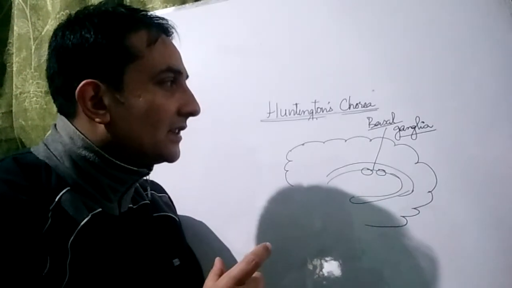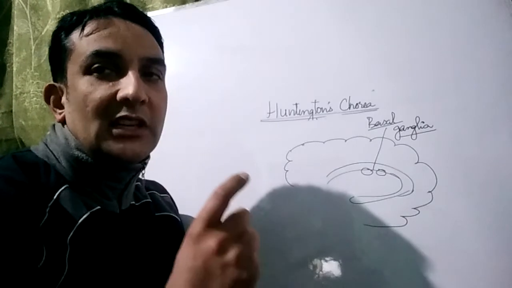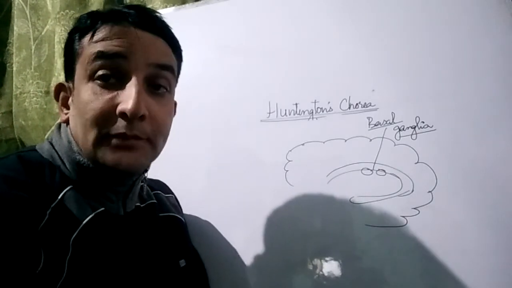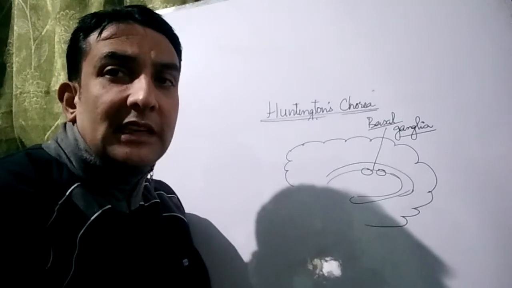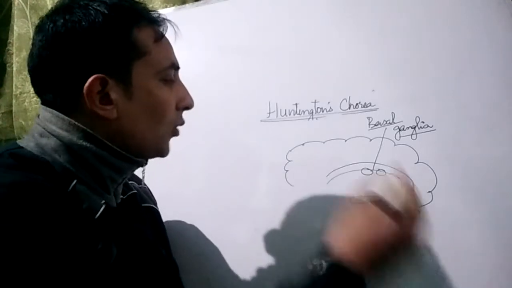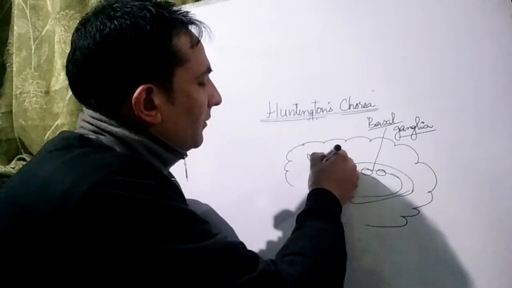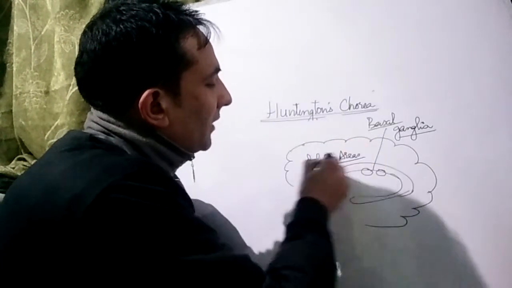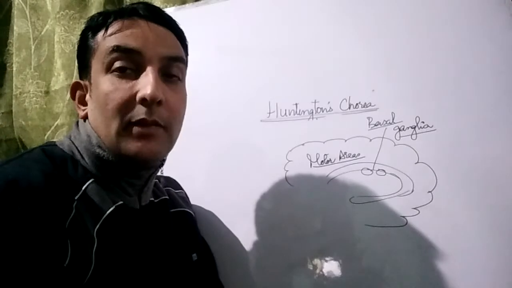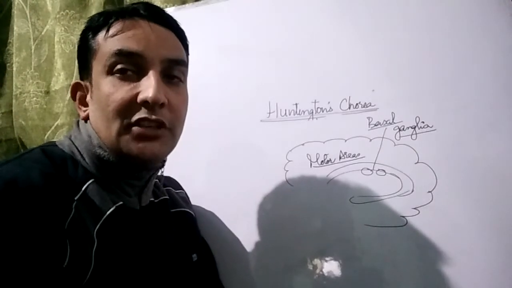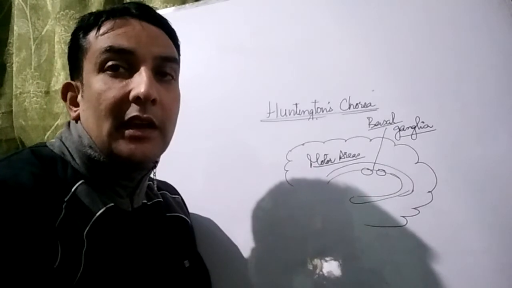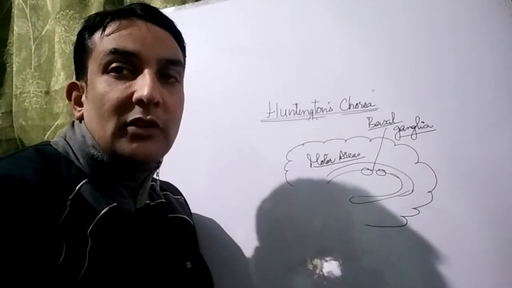And the second thing is that there will be emotional disturbances in that person. After that, you will see many other motor areas of the brain will get affected by the nerve degeneration, and the person will feel difficulty in motor activities of the body, particularly in walking.